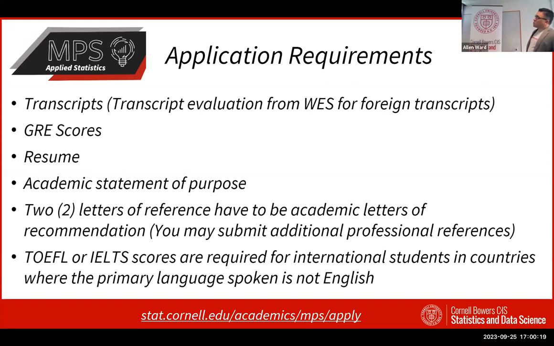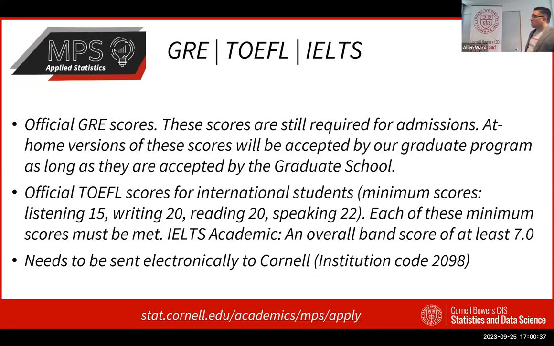Then for international students, the TOEFL or other scores are needed for the international program. There are some standard exemptions for the students that might be online, where it's based on where the primary language is not English. That's when the scores are needed. So again, a rundown: official GRE scores are needed.